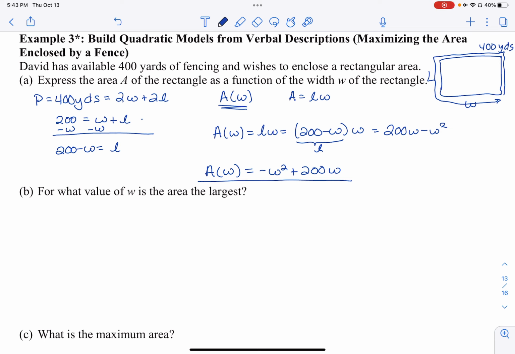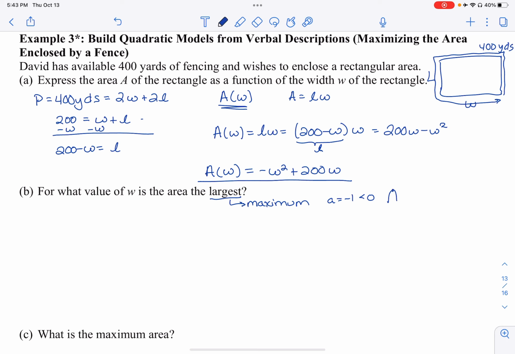Part B asks for what value of W is the area largest, and you should be thinking maximum here. So when you see largest, you're thinking maximum. And we note that if we look at our A of W equation, that A equals negative 1, which is less than 0, so that means that we're concave downward.